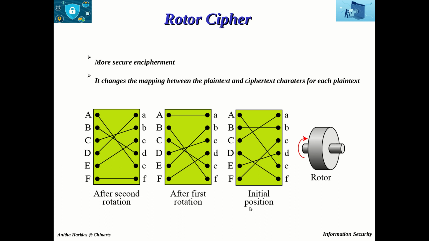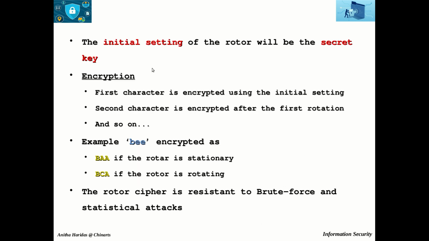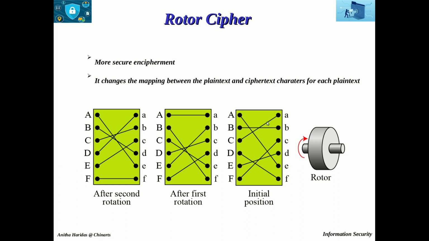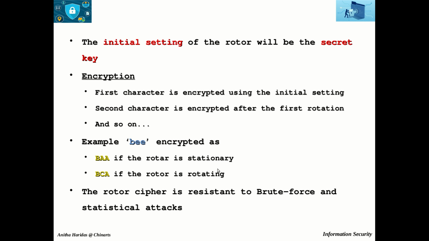Here we have the initial position, and in this example we have the position after the first rotation, and after the second rotation is also shown. This initial position is the secret key, the initial setting. The initial setting of the rotor will be the secret key which will be shared between Alice and Bob.